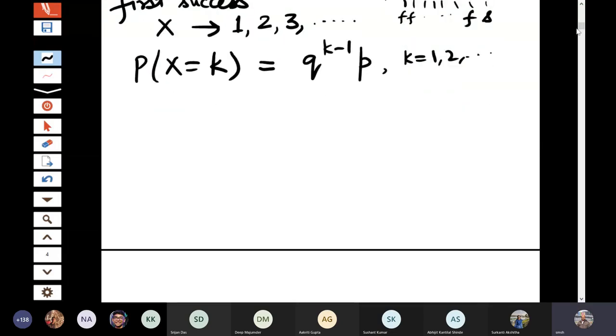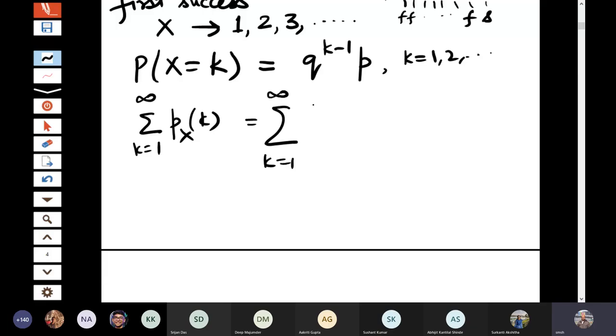Of course, you can see that the sum of this p(x = k), k equal to 1 to infinity, that is sigma k equal to 1 to infinity q to the power k minus 1 p, is nothing but p plus pq plus pq square and so on.